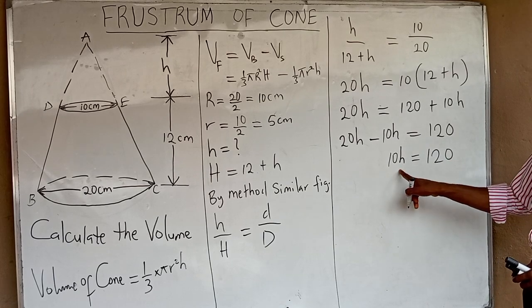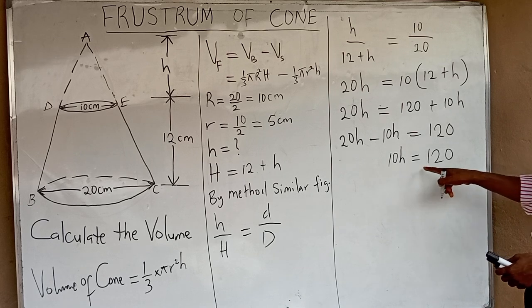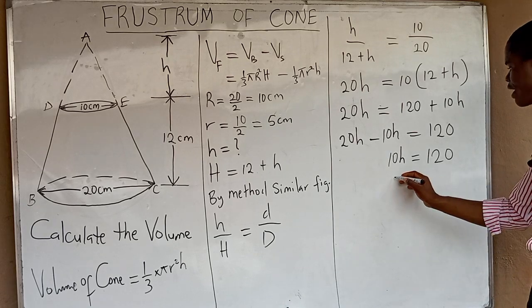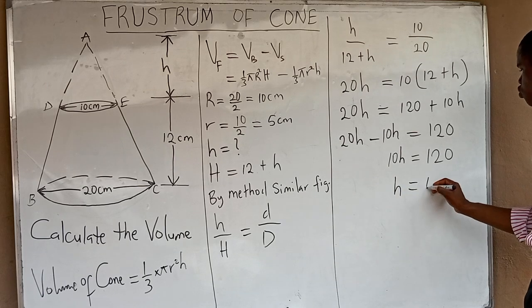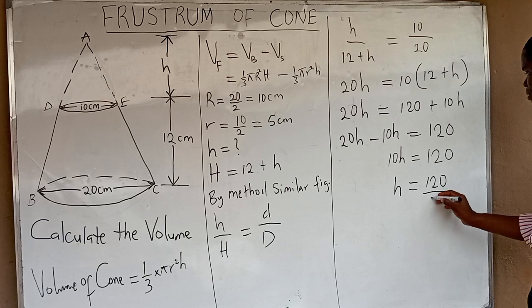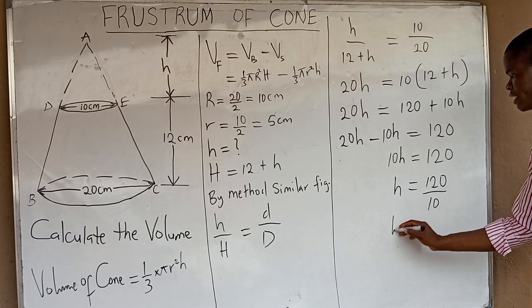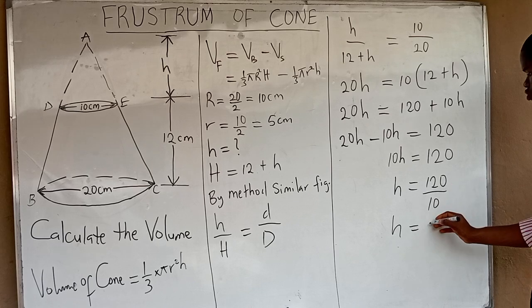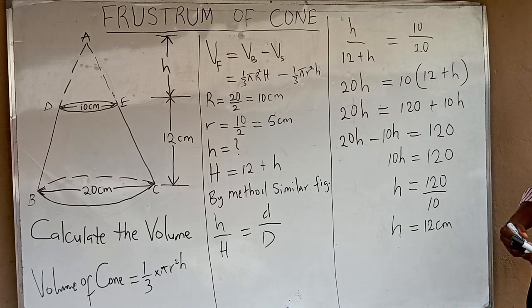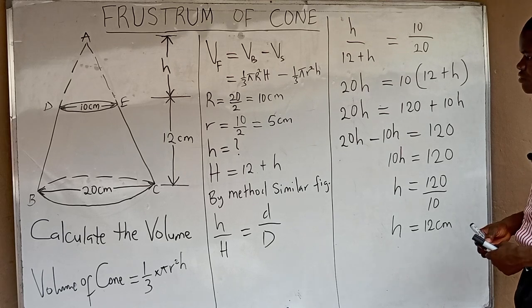So it means to get h to stand alone, I will divide both sides by 10. So h is now equal to 120 divided by 10. So h is equal to 12 centimeter. So it means that the smaller height is 12 centimeter.